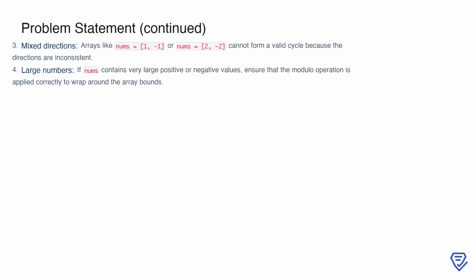Arrays with mixed directions, such as nums equals 1, -1, or nums equals 2, -2, also cannot form a valid cycle because the directions are inconsistent. Lastly, if the array contains very large values, ensure that the modulo operation is applied correctly to handle wrapping around the array bounds. These considerations help ensure that all edge cases are properly addressed when solving this problem.